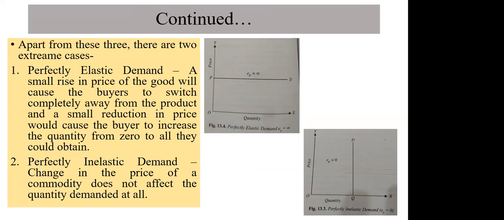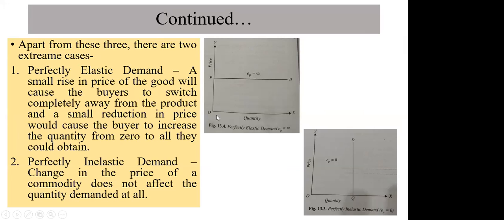So in case of perfectly elastic demand, the change in the quantity demanded is very, very high compared to the change in the price. So the price change almost tends to 0. That's why the EP value becomes infinite.